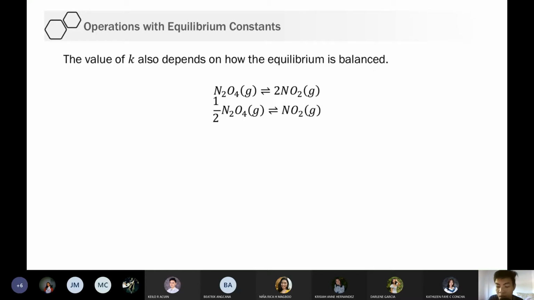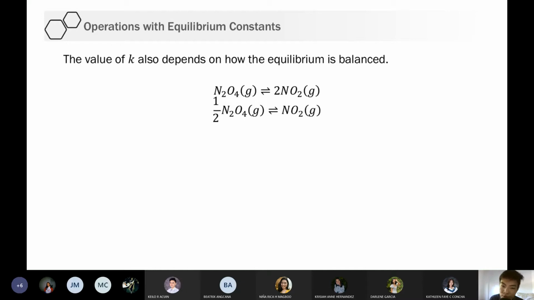If you divide the equation by 2, then the new equilibrium constant is equal to the square root of the original. If you multiply the coefficients by 2, then the new equilibrium constant value will be the square of the original. So depending on how you balance the equation, there is a corresponding K value.